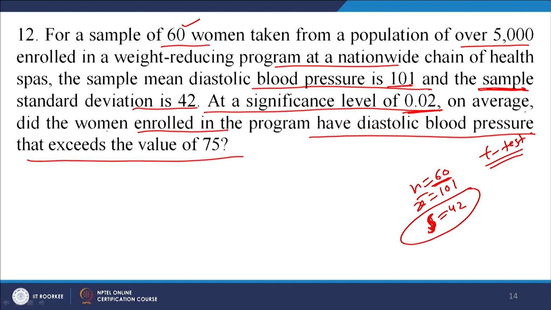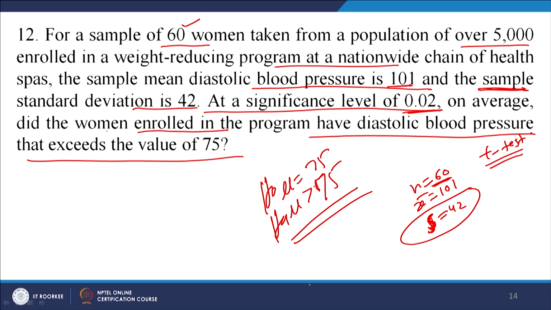The women enrolled in the program have diastolic BP more than 75. So, here the mean is 75 and the alternative is mean more than 75. This is your null hypothesis and this is the alternate hypothesis.